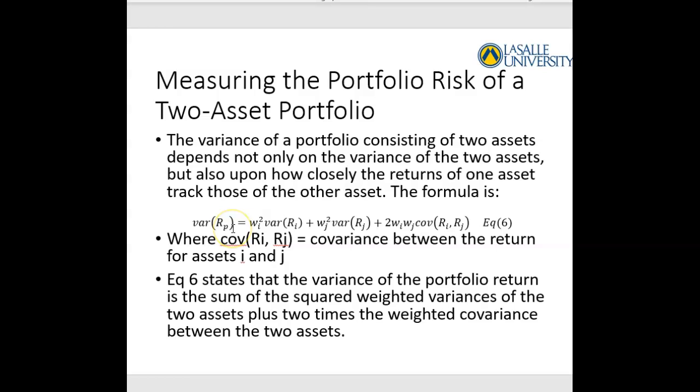if the variance of our P is high, that means the variance of our I is high, the variance of our J is high, and this covariance term is also high. However, if we select I and J in such a way that this covariance is negative, then although individual variances of our I and our J could be high, because of the negative covariance between I and J, our overall portfolio risk actually decreases by adding this additional asset to our portfolio.